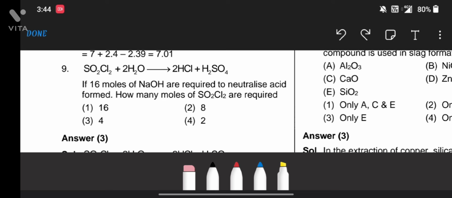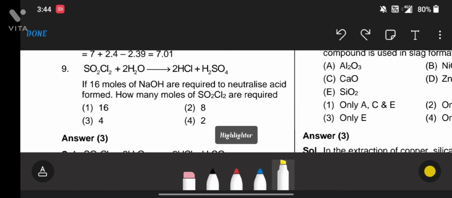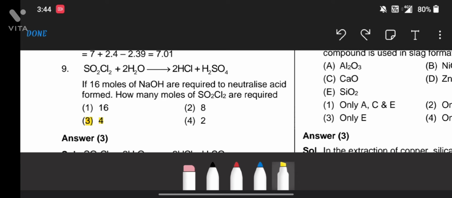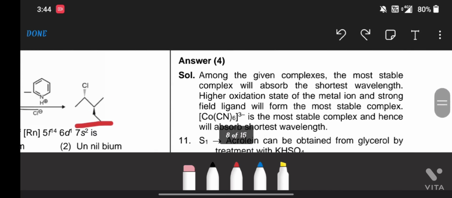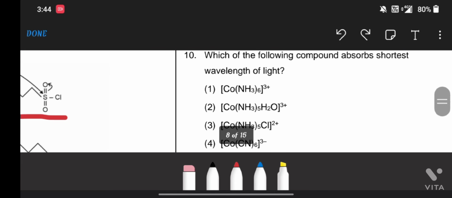Therefore we need 4 moles of SO2Cl2 for making 16 moles of NaOH neutralized. So option C is the correct answer for question number 9. Let us move on to our next question, question number 10. Which of the following compounds absorbs the shortest wavelength of light?